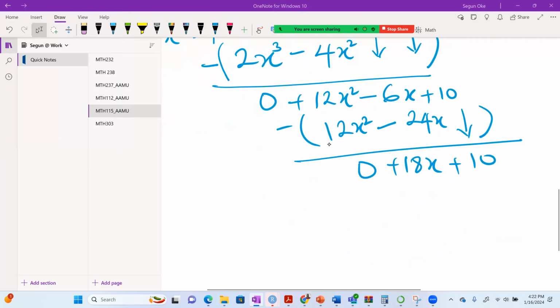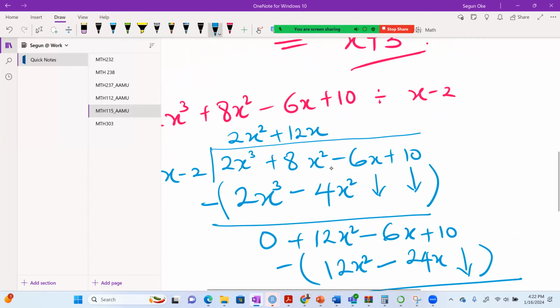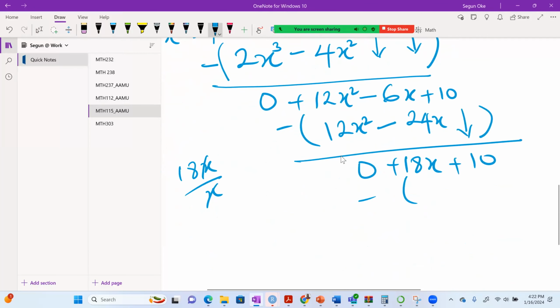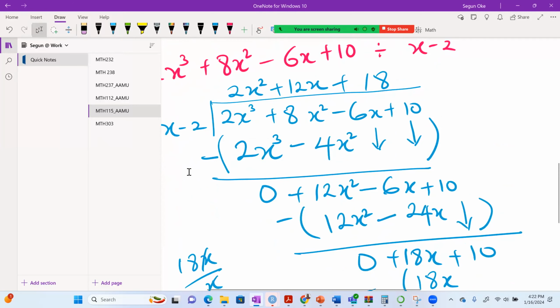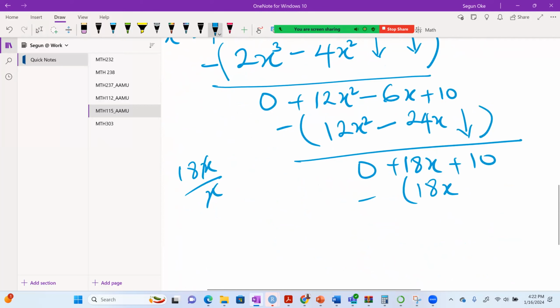So we have here, is there the same thing like 18x over x? This will go with this. You have 18. So minus, we have plus 18. 18 multiplied by x, 18x. 18 multiplied by negative 2, minus 36.